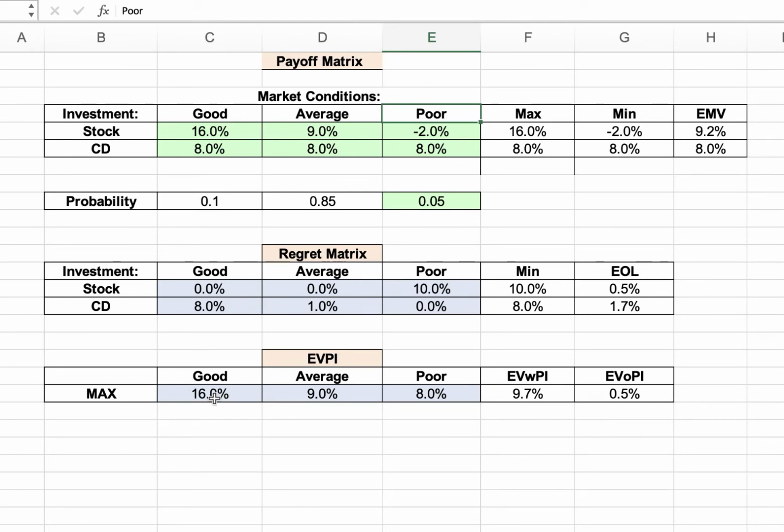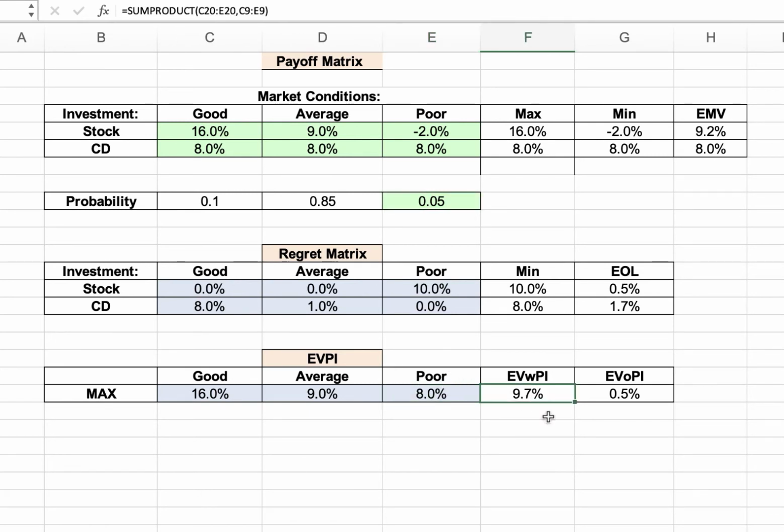If we were perfect, we would get that 16%, the 10% of the time the stock market is good. We would get 9%, the 85% of the time that the stock market is average. Both of those are the max return possible in those market conditions. If we were perfect, though, we would be in the CD 5% of the time when the stock market is poor, and we would get that 8%.